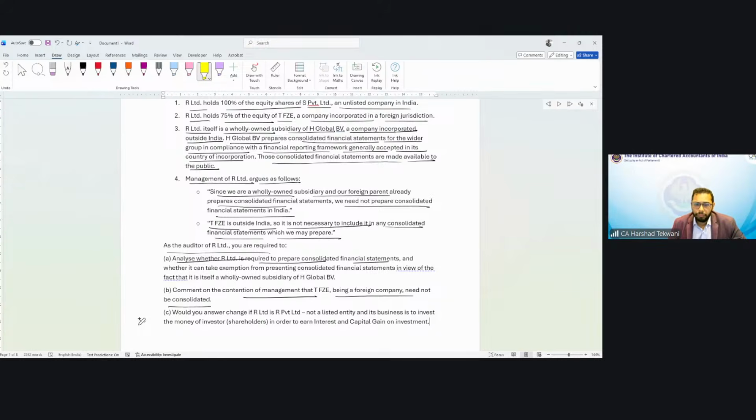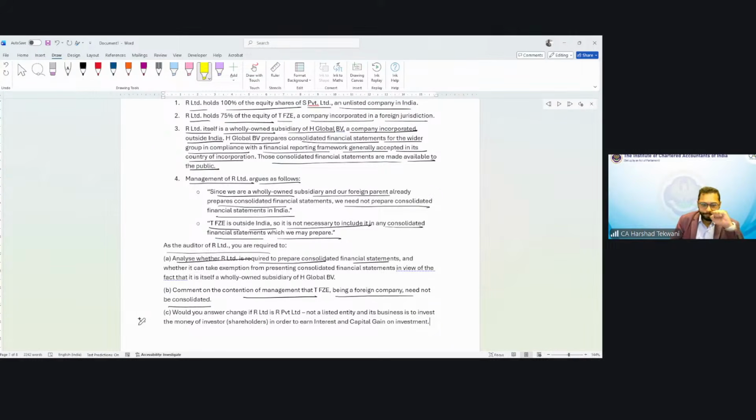In section 1, Ind AS 110 also talks about that. So for Para number 4B, for an investment company to claim the exemption, the parent company also needs to be an investment company. Okay.